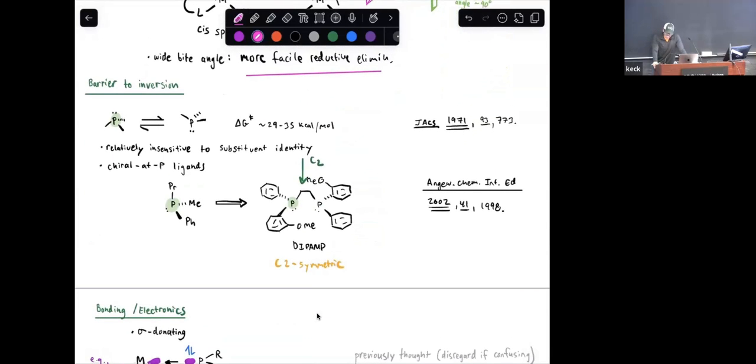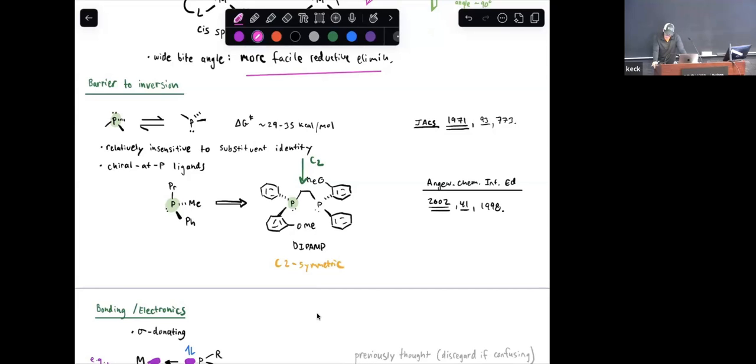Phosphines have this interesting property that is distinct, at least compared to the nitrogen-based homologs. This was elucidated first by Mislow, of Mislow-Evans name reaction fame, Kurt Mislow in the 1970s. That is that chiral-at-P phosphines have a relatively high barrier to inversion.